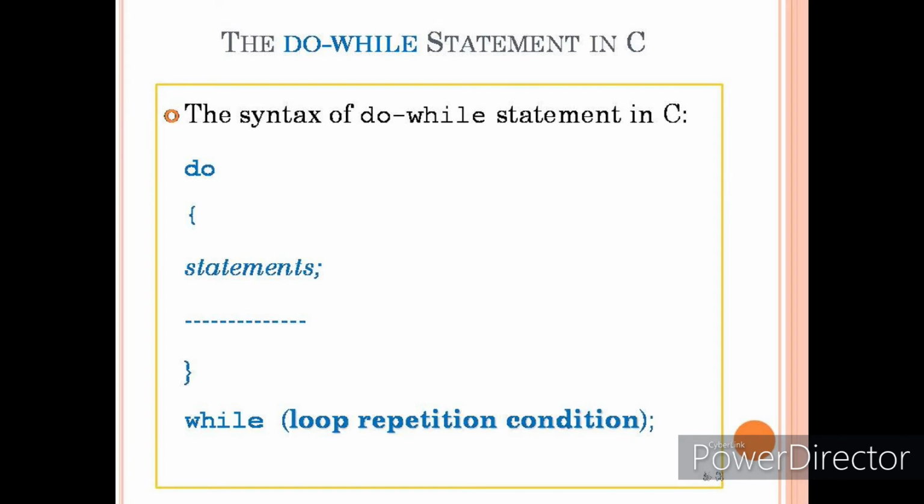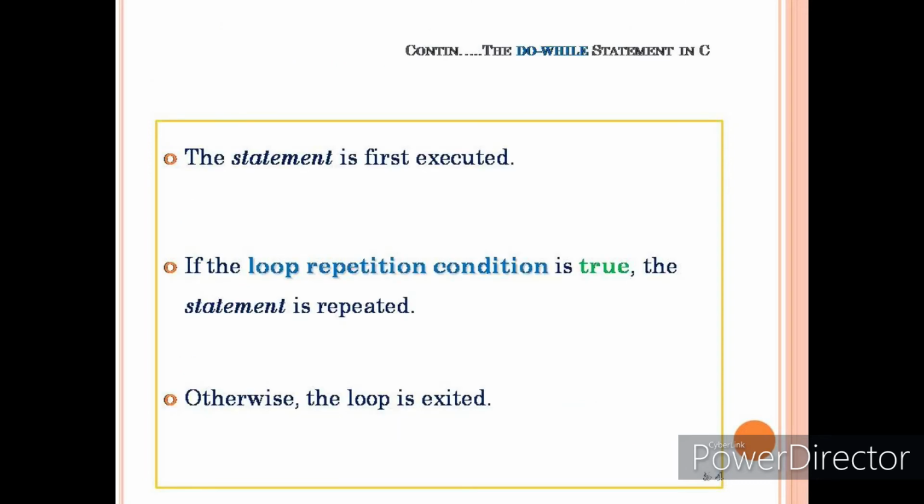As it is clear from the syntax, we can see that the statements come first, followed by the while and the condition. So the basic difference in do while loop is that the statements will be executed, then the condition will be checked.